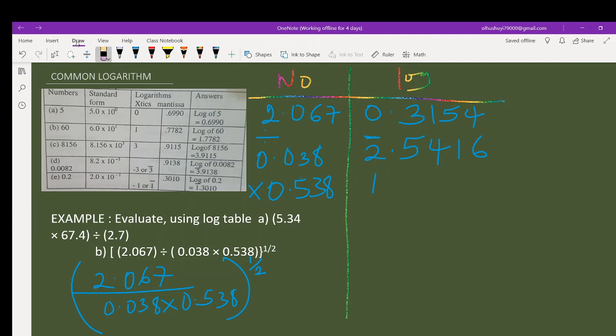Bar 1.53 under 8 is 7308. This multiplication, there will be addition here. 6 plus 8 is 14. Keep 1 here. This one becomes 2, this one becomes 7, this one becomes 12.